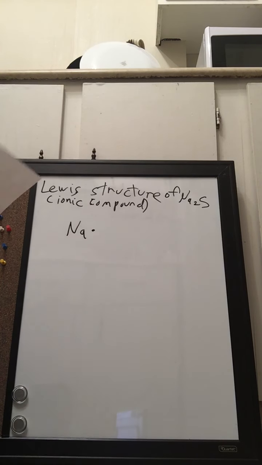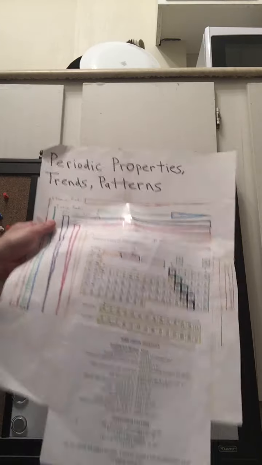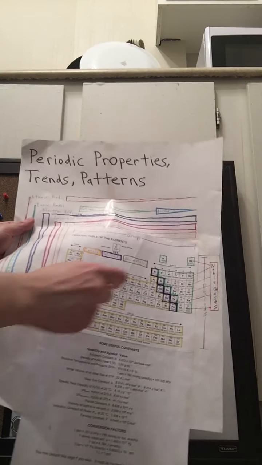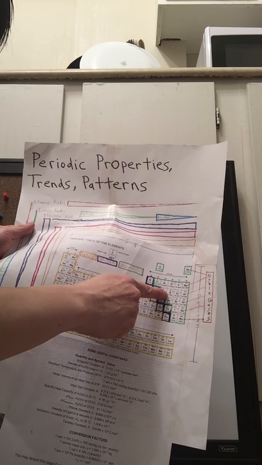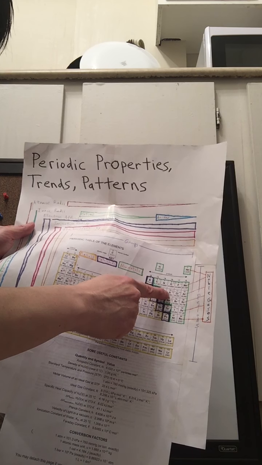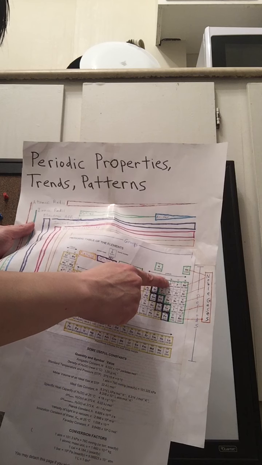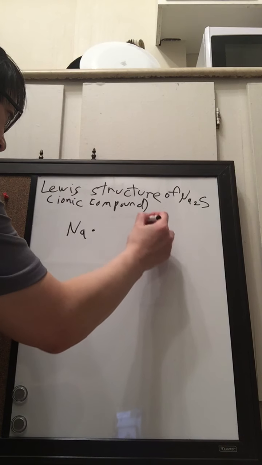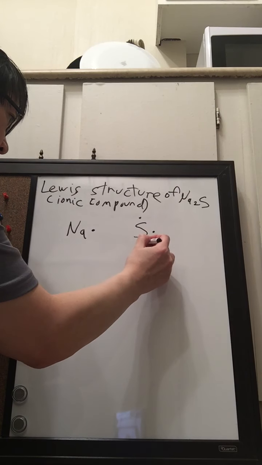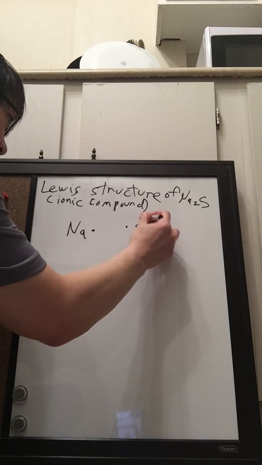Now, if we look at the sulfur, the sulfur is in group 16, so that means it has 6 valence electrons. One, two, three, 4, 5, 6.